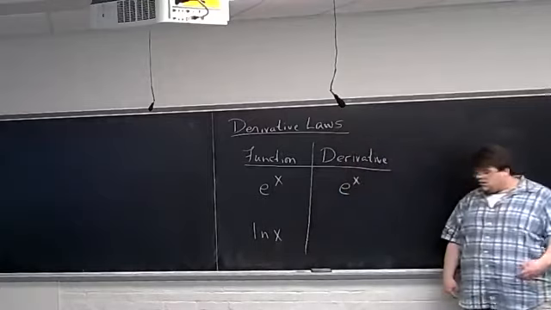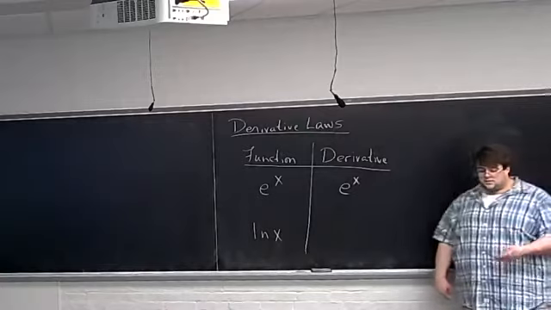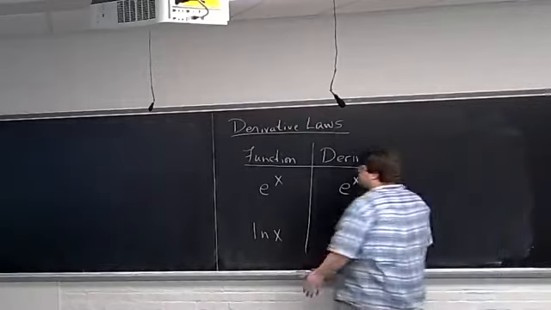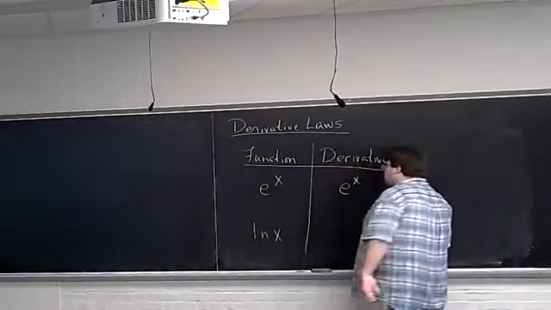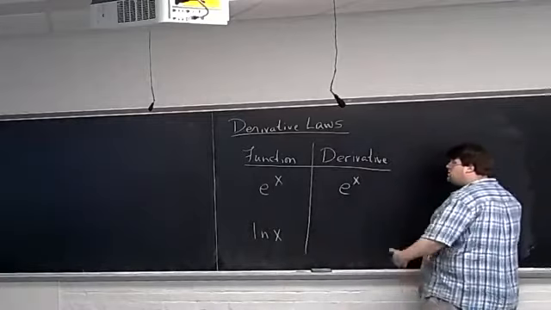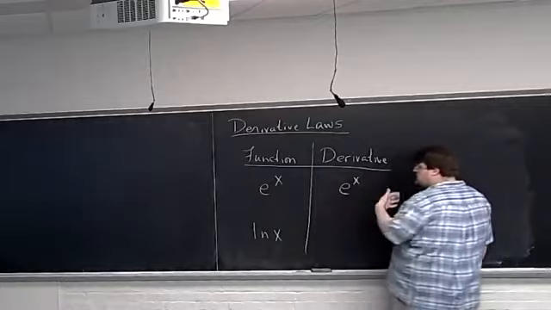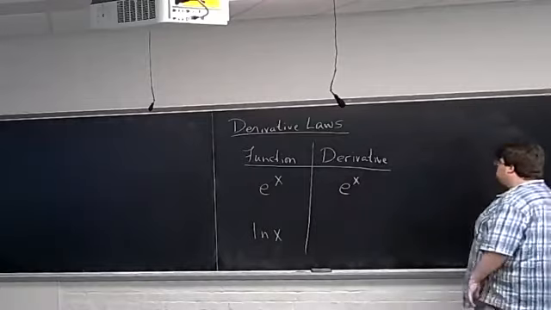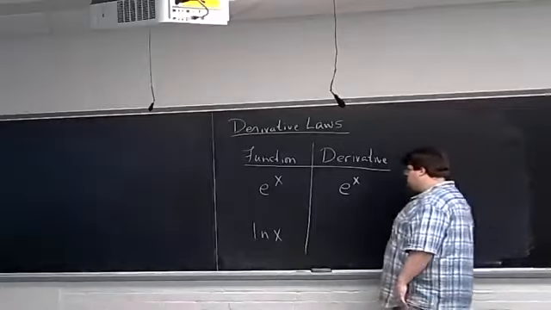E to the x is a very important function in math, physics, chemistry. One of the reasons it's so important is that it gives the slope of the tangent line at any point, meaning its derivative is itself. More on that in a moment.